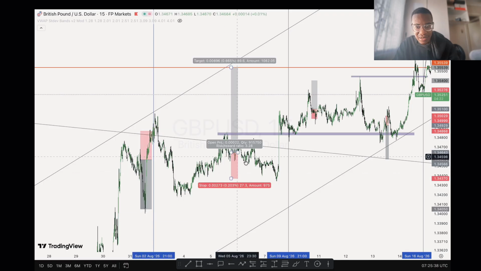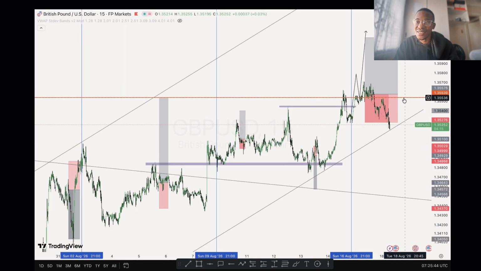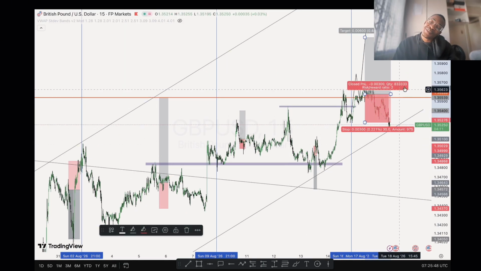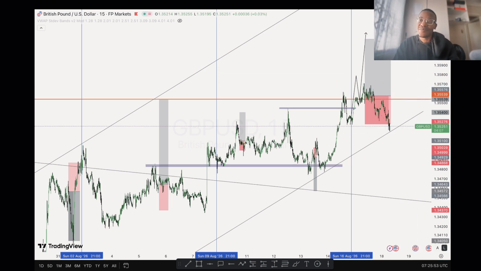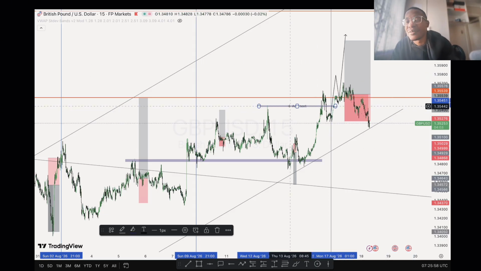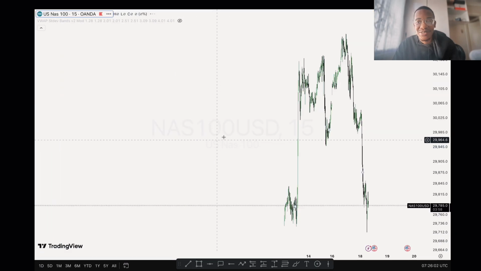I made profit here, and then here it hit my stop loss, stop loss, stop loss. And this is my favorite pair. When my favorite pair does this to me, I become so emotional: why are you doing this to me? You are my favorite pair, you shouldn't be doing this to me. So yeah, what can we do?